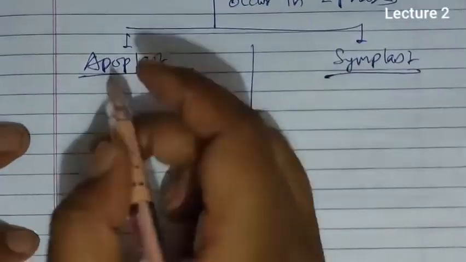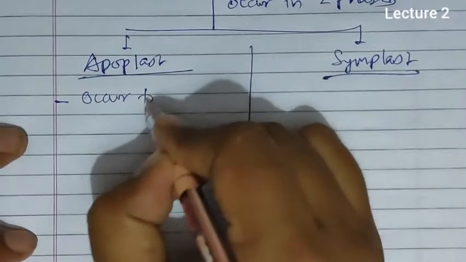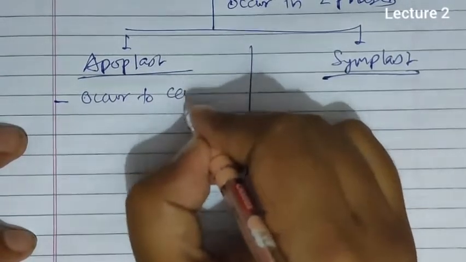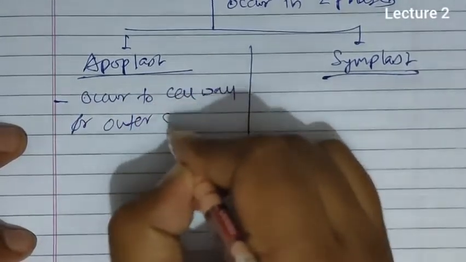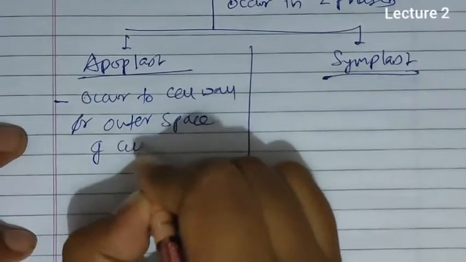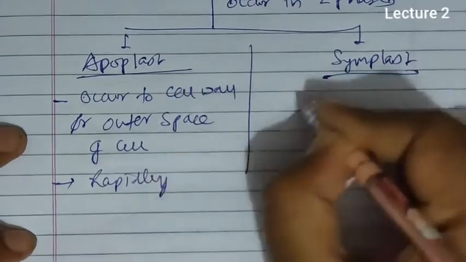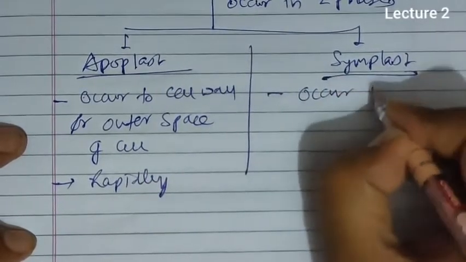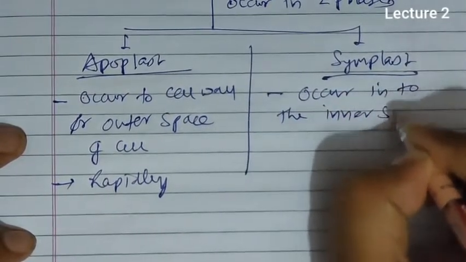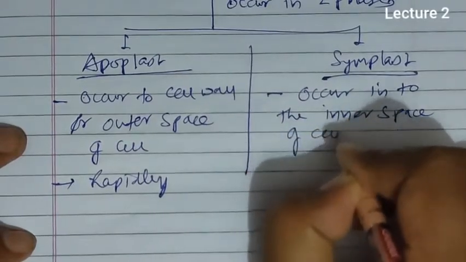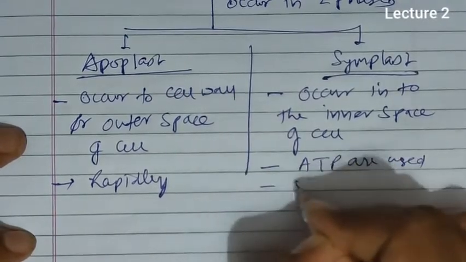Now in apoplast, the absorption of minerals occur to cell wall or outer space of cell, and it occurs rapidly, but it occurs into the inner space of cell, and here ATP are used, and it is a slow process.